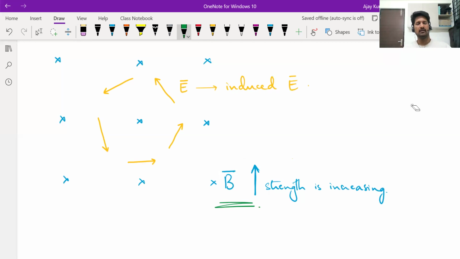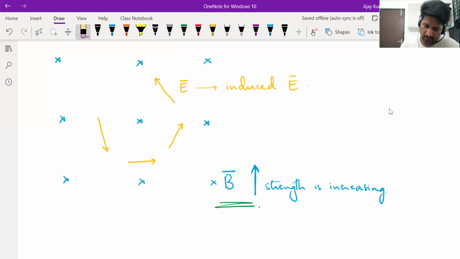Another difference, one of you tell me, do electric field lines form closed loops? No. The regular electric field lines originate from positive charge and get terminated at negative charge. They don't form closed loops. But induced electric field lines always form closed loops. That way it's different from the normal electric field.